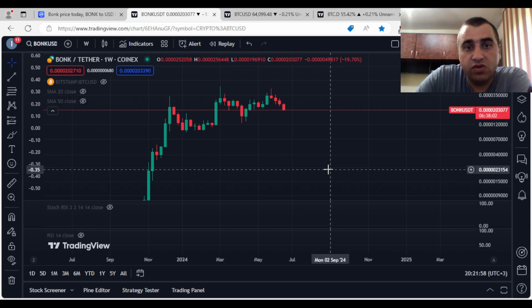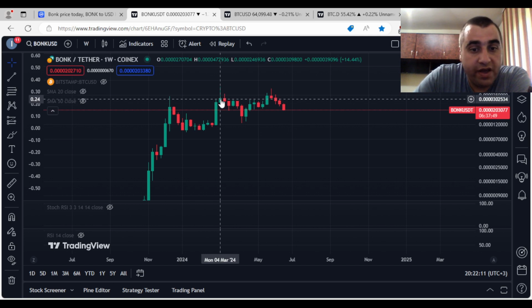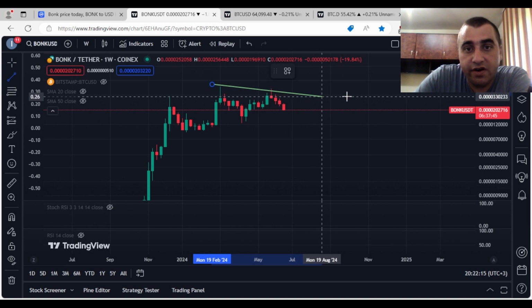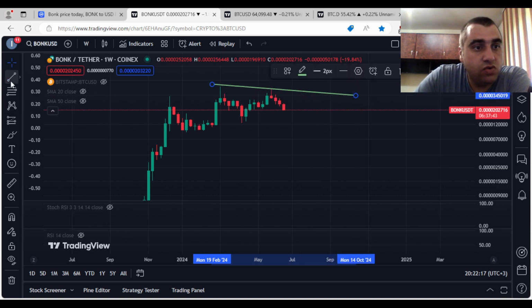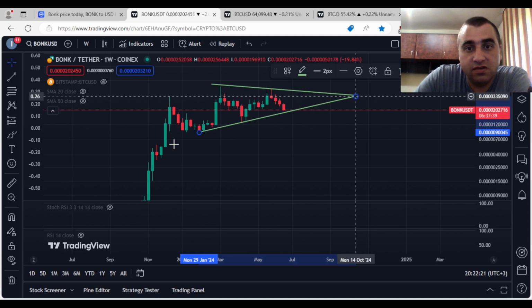I think it is important also to tell you that I noticed something interesting. Last month, in May, we had a lower high than we had in March, and we can draw a triangle over here to estimate some price movement in the next weeks or next couple of months.